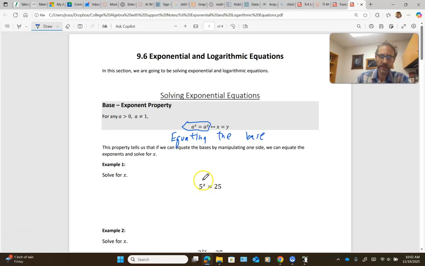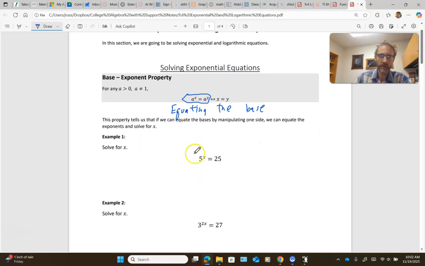So if I have an exponential equation like this example 1 here, where we have an x as the exponent, if I can somehow equate the bases, then I can equate the exponents. That's what this property says. Okay. Now you may say, well, equate the base, what do you mean?